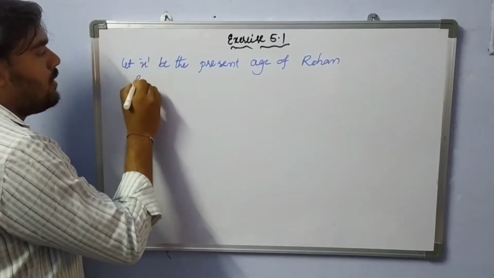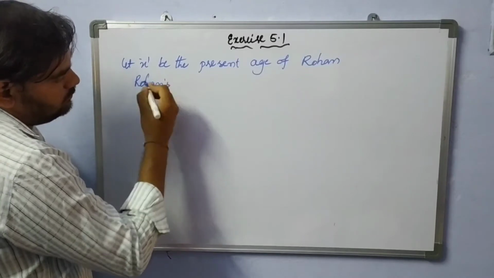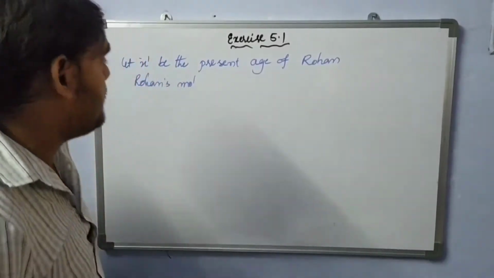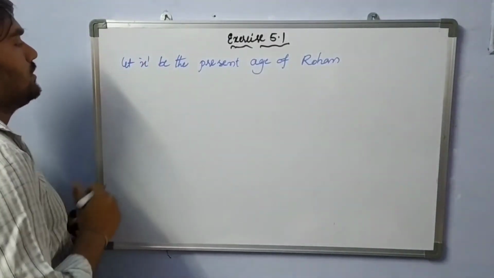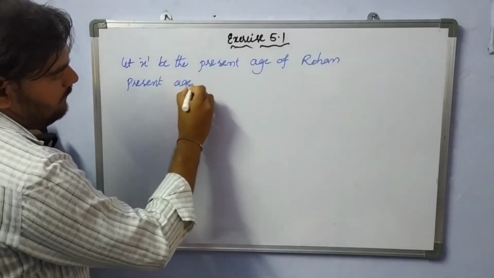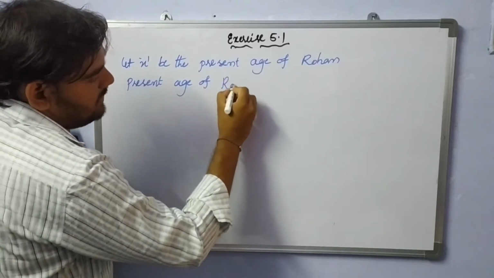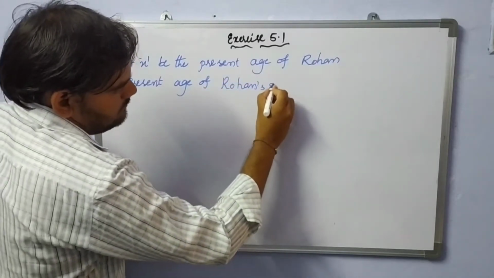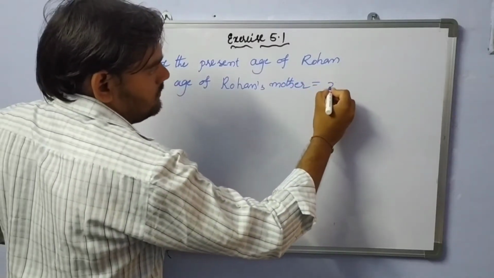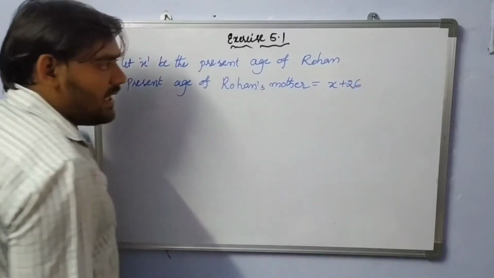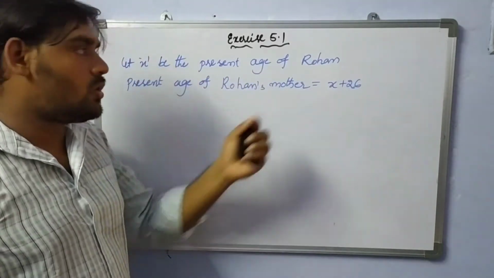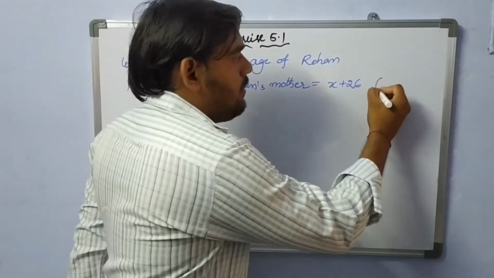After that, the present age of Rohan's mother is equal to x plus 26, because she is 26 years older than Rohan. So x plus 26 according to the problem.